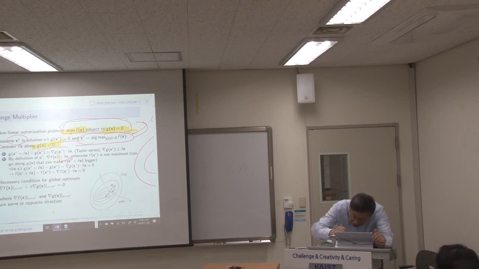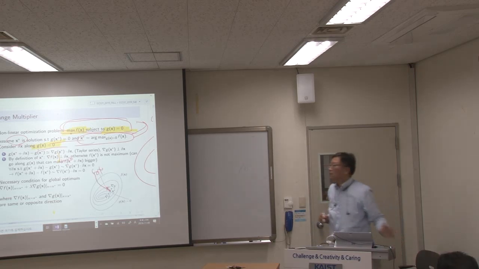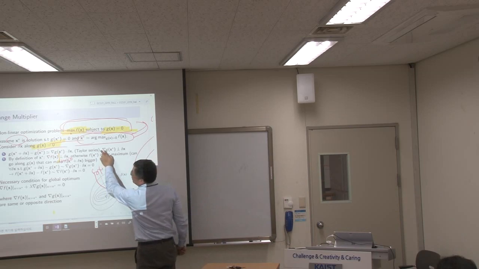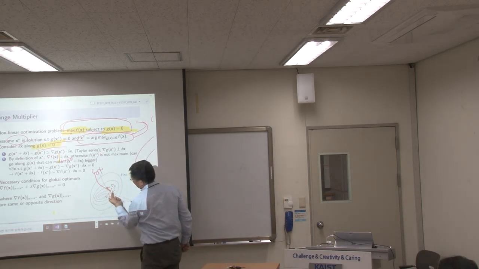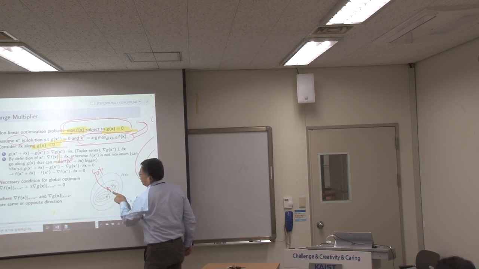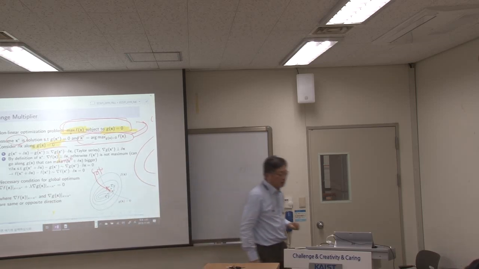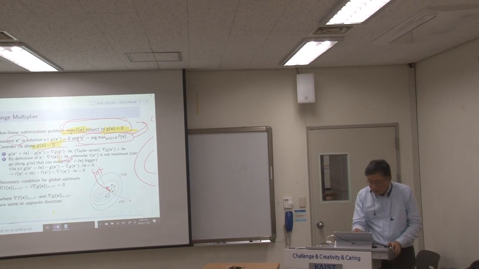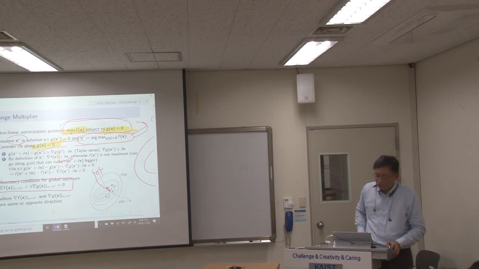Delta x is along this direction, along the contour. We also said that the gradient of f(x) is perpendicular to delta x. So both of them are perpendicular to delta x, so we have this kind of condition.